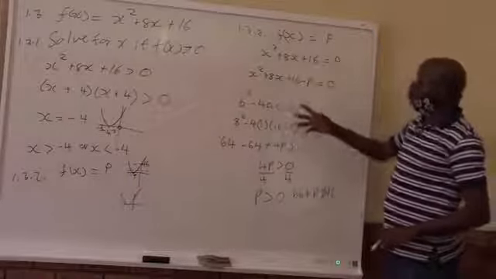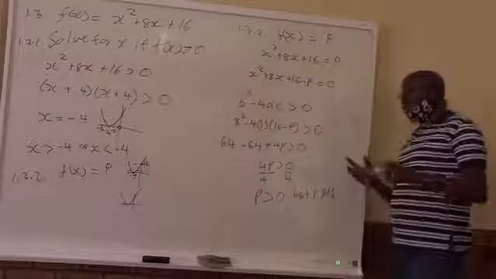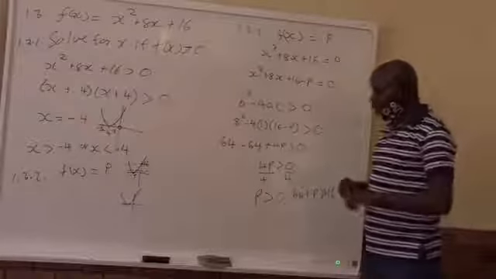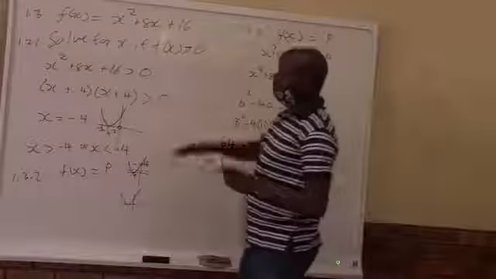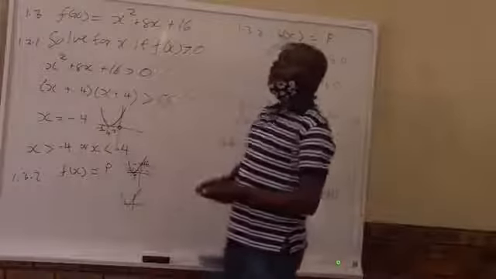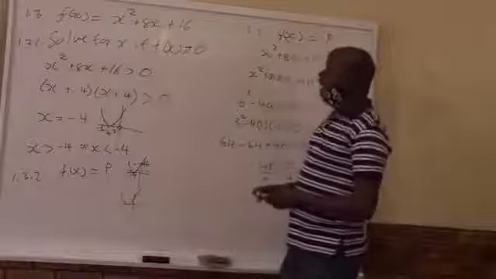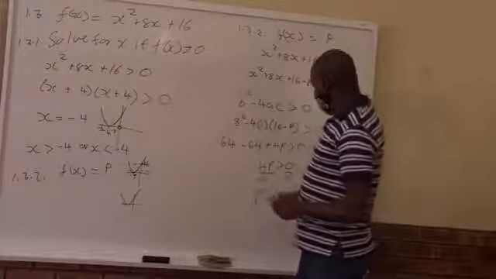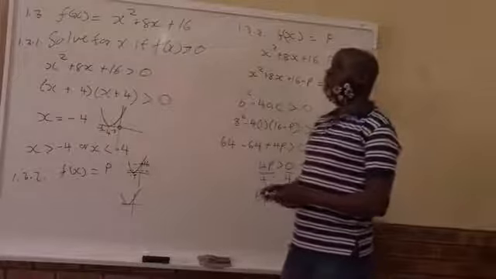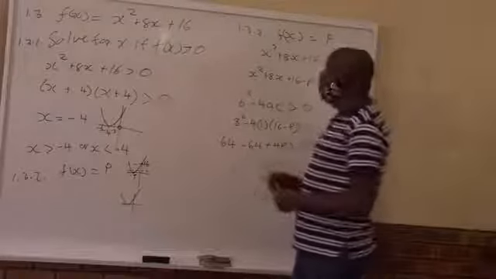So for nature of roots, you have to remember that when roots are equal, we talk about the perfect square. But if roots are not equal and they are rational, it means the answer for the discriminant is a square number.